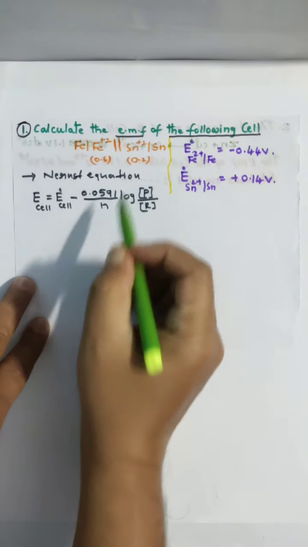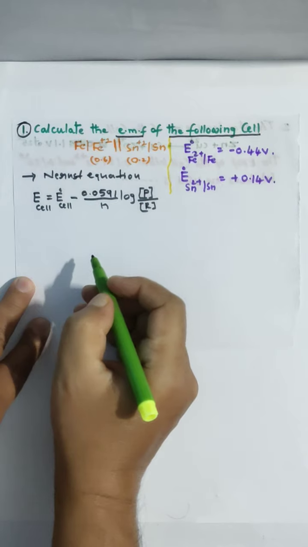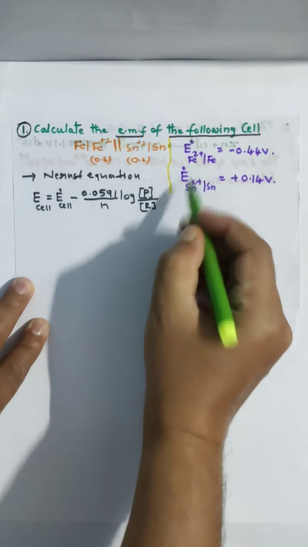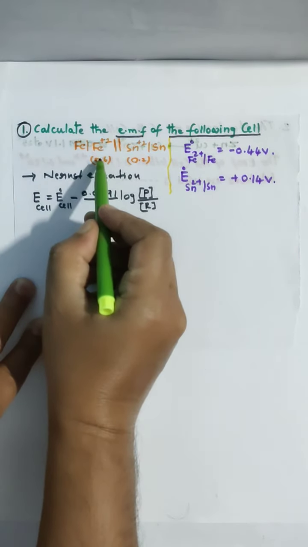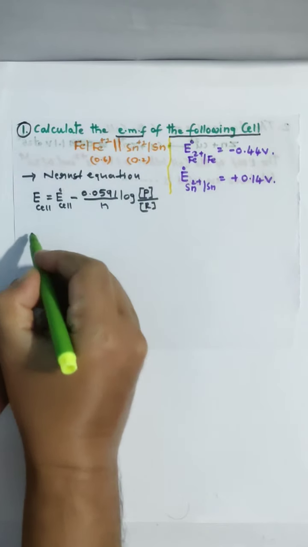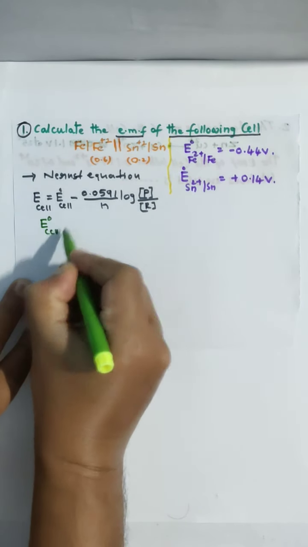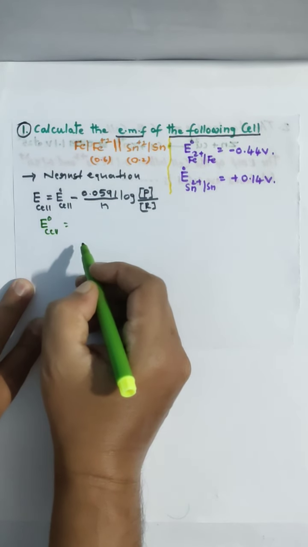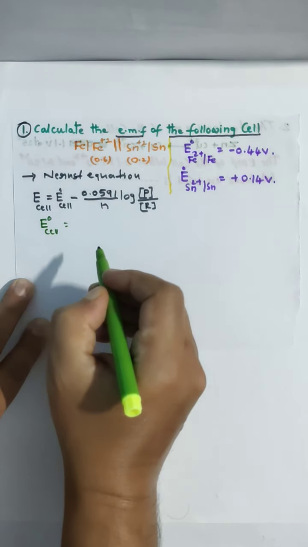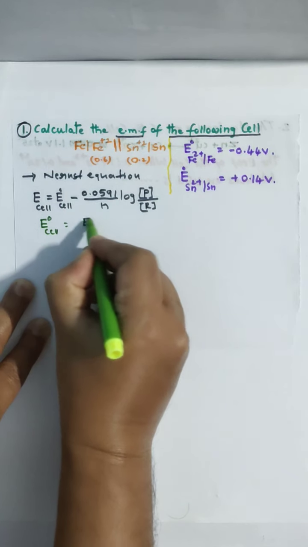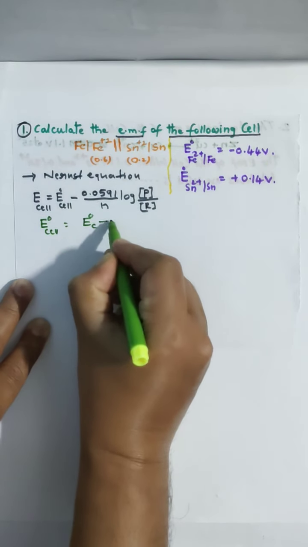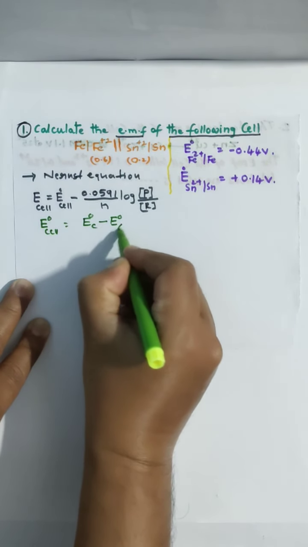But they didn't give E naught cell. So first we have to calculate it. Concentrations are given here, for the iron and tin solutions, but E naught cell we have to calculate first. E naught cell equals E naught cathode minus E naught anode.